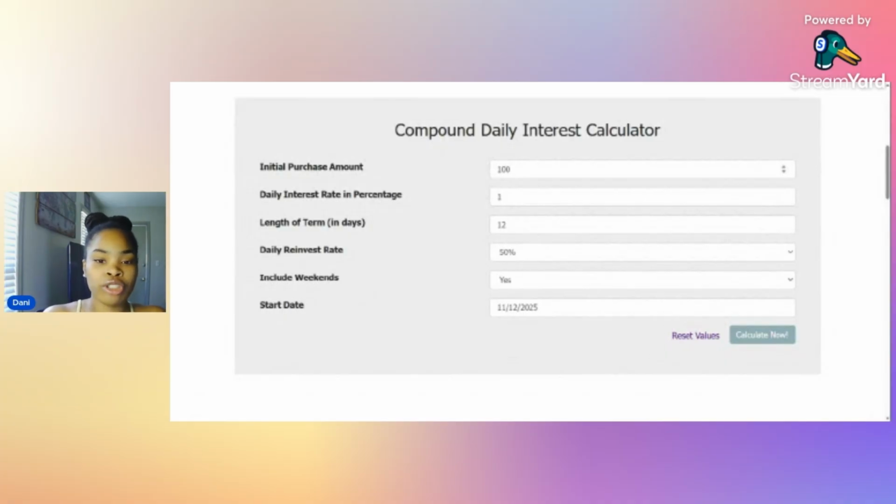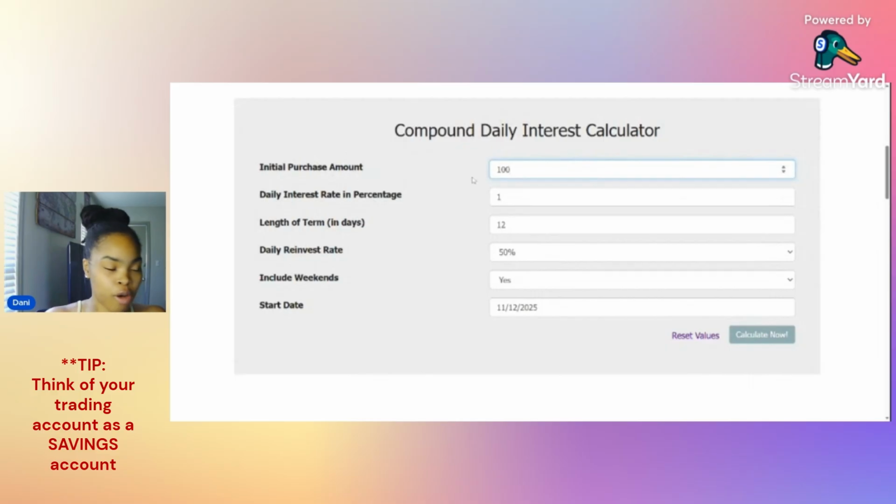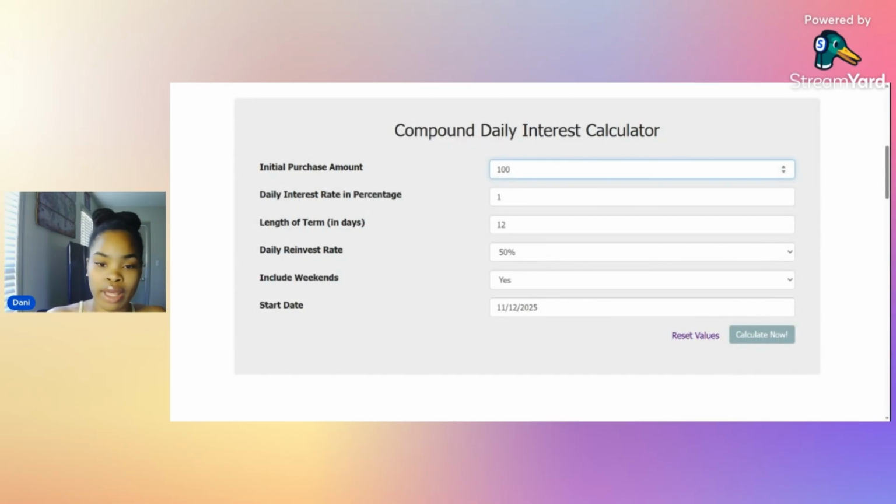Okay. I want you to first start by putting in how much money you are intending to start your trading account with.